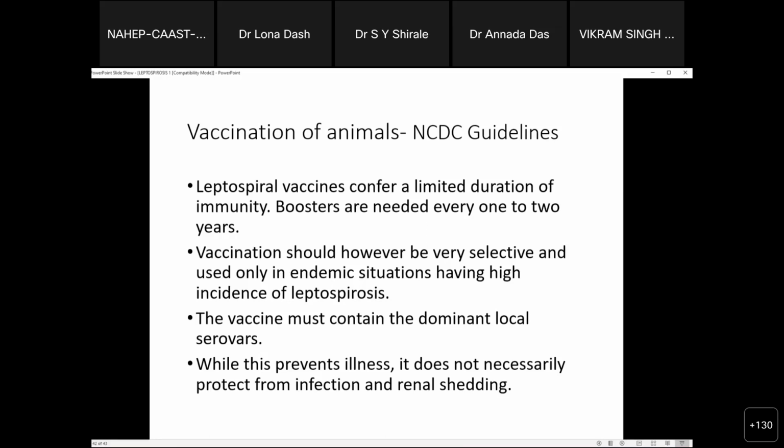The cattle shed should not be located immediately near the human habitat. There should be some barriers so that humans living in that area are not frequently exposed to the infected urine of these animals.